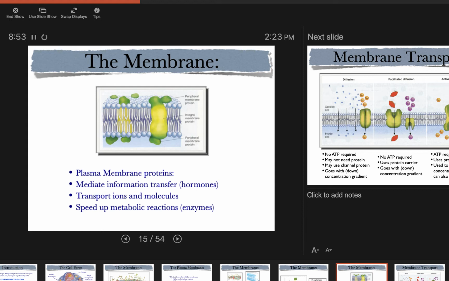Well, it's a glucose transporter. So this is what happens. Glucose goes inside the cell. And now glucose is coming out of the blood. Guess where most of that glucose goes? In the muscle cells.